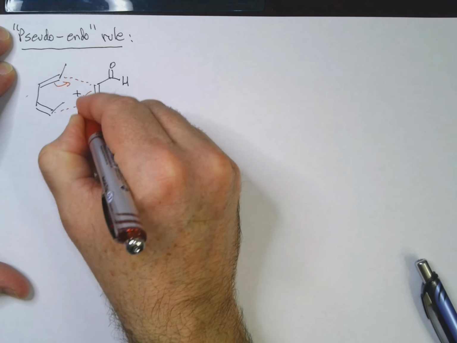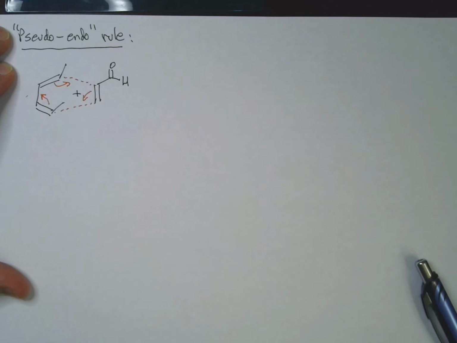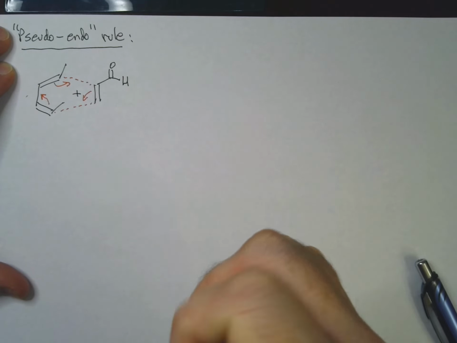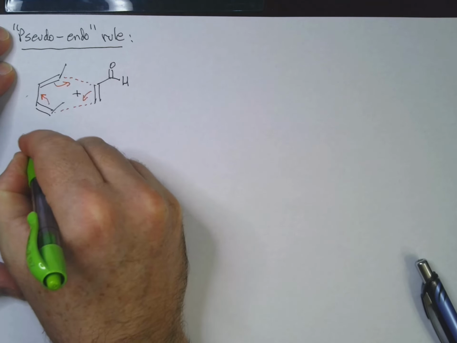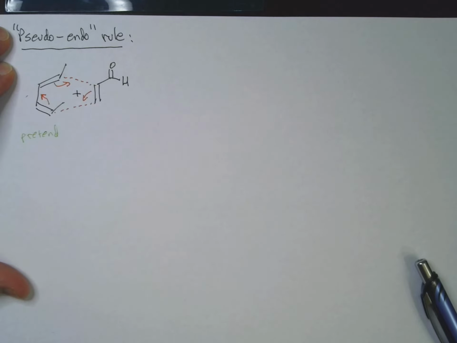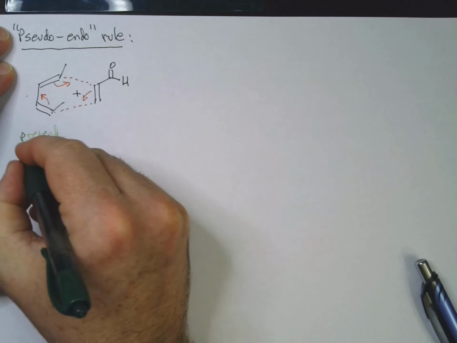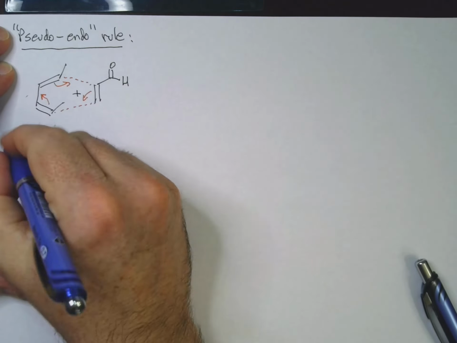What kind of stereochemistry does my product have? Well, what we're going to do is, maybe I'll draw this in green. We're going to pretend, is this green any better? That's kind of a dark green. Maybe I'll do blue.